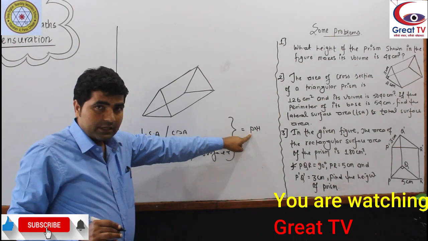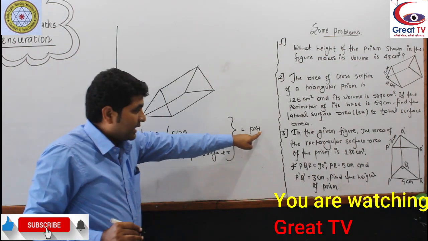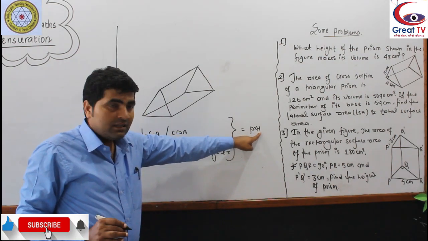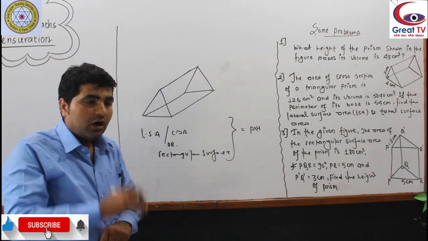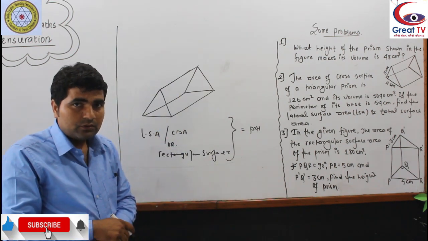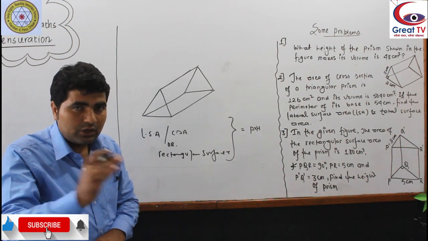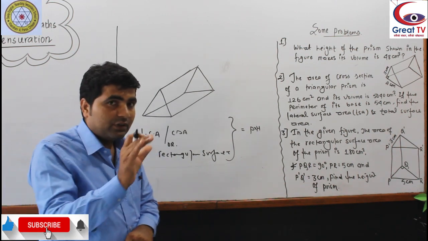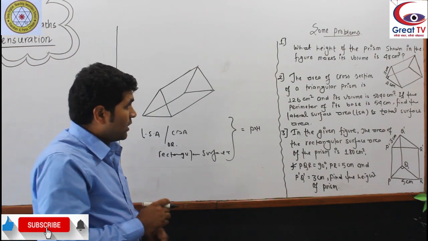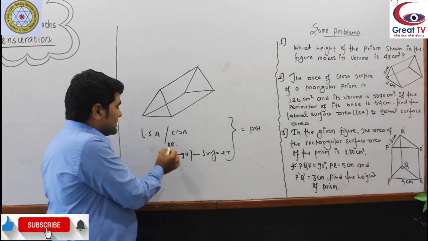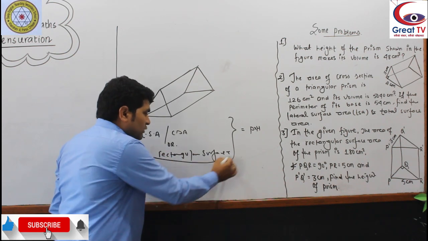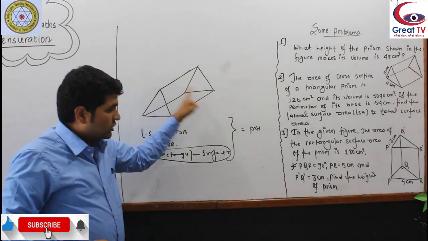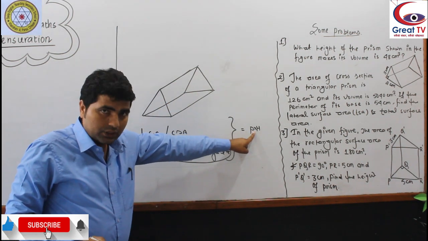P means perimeter of its base and h is the height or length of the triangular base prism or any type of prism. That triangular base or circular base or square base depends on its base, what type of plane figure is in its base. So the LSA or CSA or rectangular surface area of a triangular base prism is P into h.